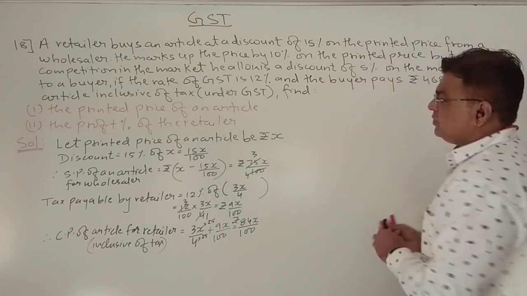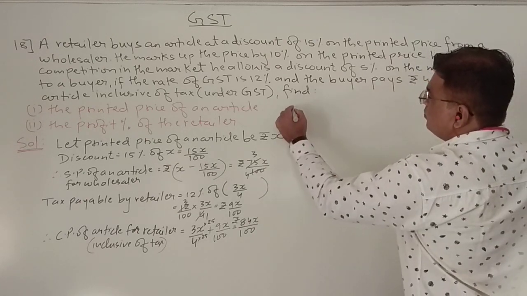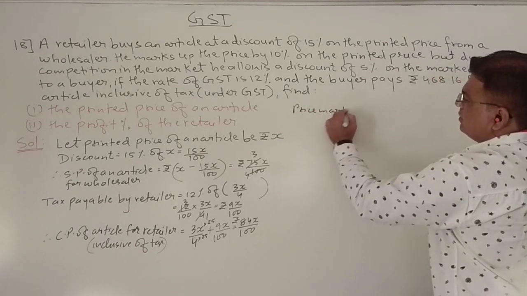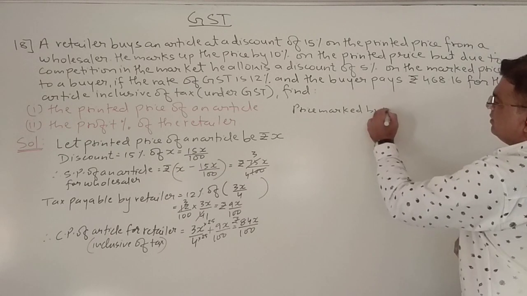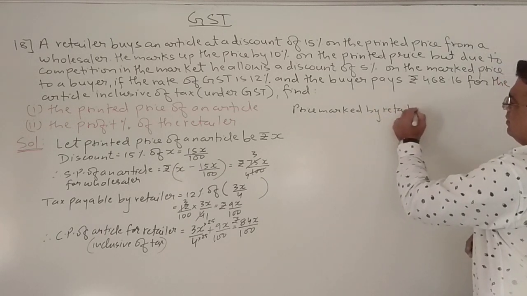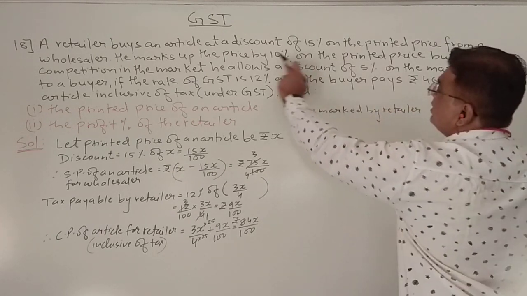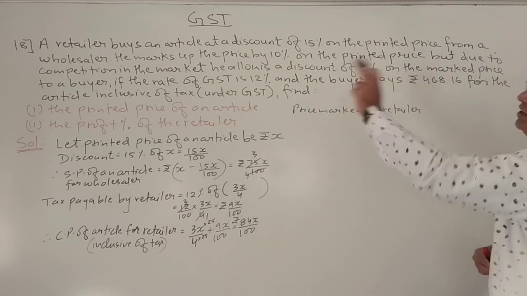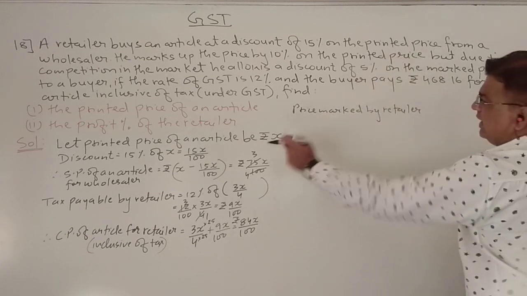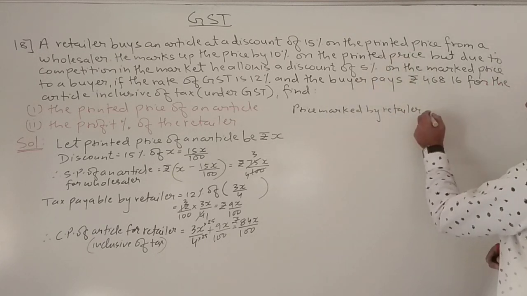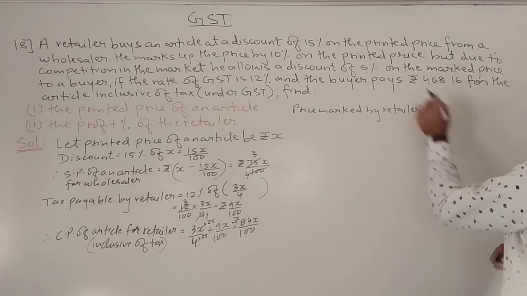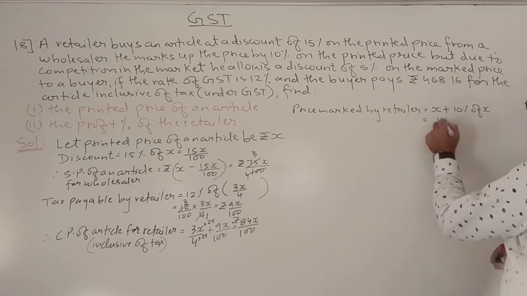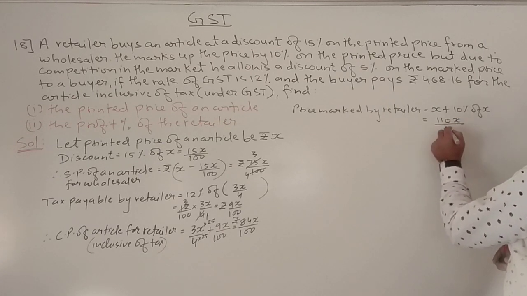X. So price marked up by the retailer: he is marking up the price by 10% on the printed price, and the printed price is given as X. So the price marked up by the retailer will be X plus 10% of X. So it comes to 110x upon 100.